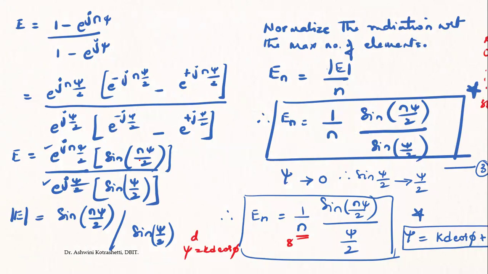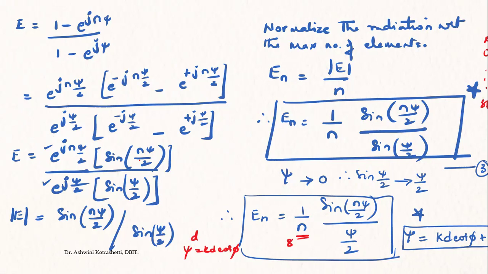But when you have very large arrays, not elements like 4 or 5 or 6, but very large, 100, 200 elements, sine of psi by 2 becomes approximately equal to psi by 2. The sine function is as good as the angle.